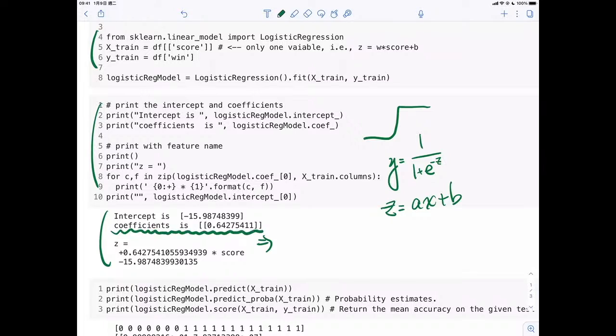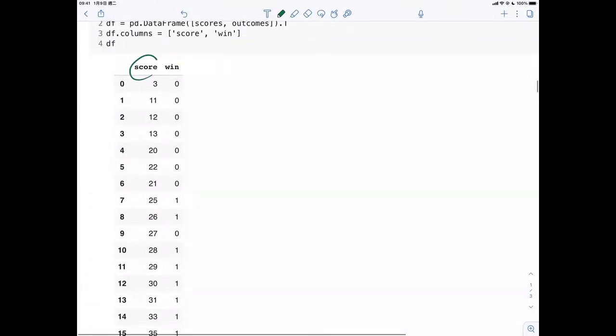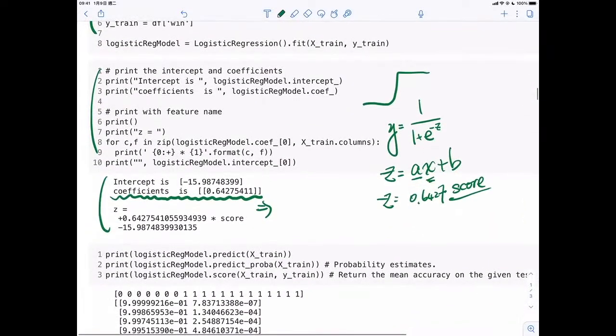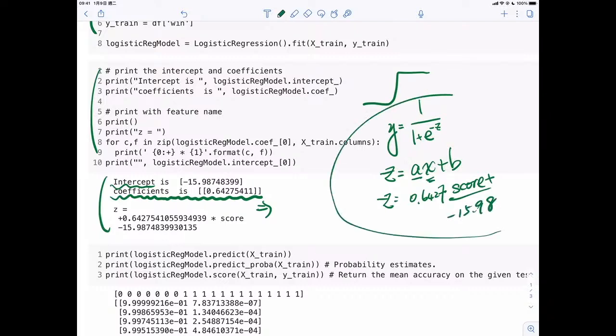That means z equals this. The x right here is the score, because in this table we have only one x. Plus b is the intercept, which is minus 15.98.